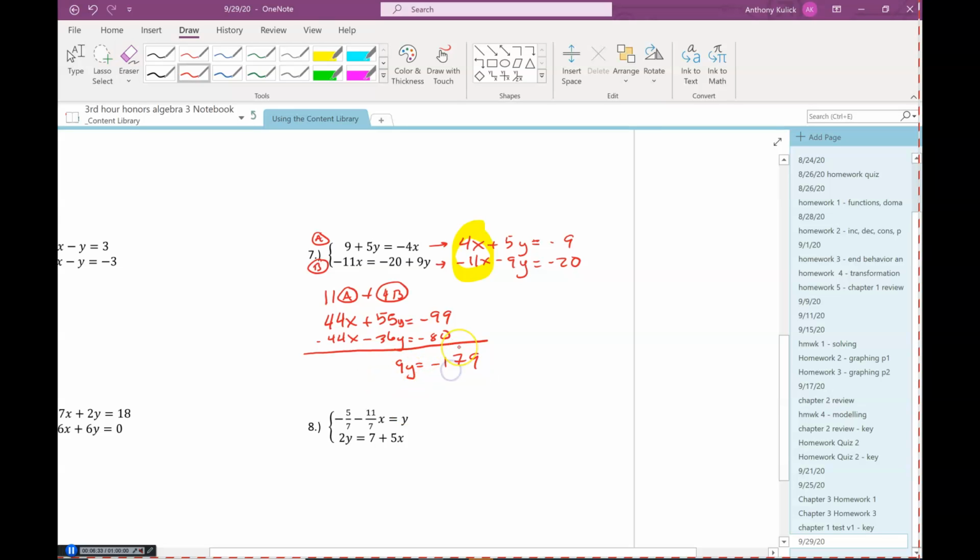Oh, 19. That's much better. Still doesn't, well, it doesn't make much difference. Still a crummy fraction. So far, so good.